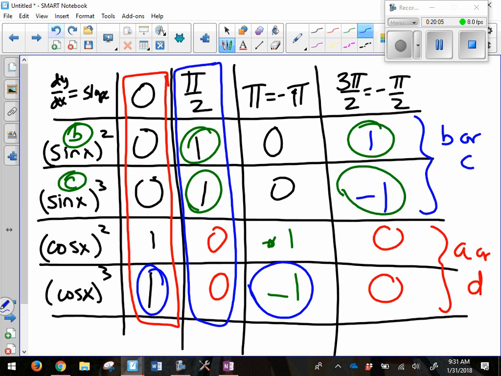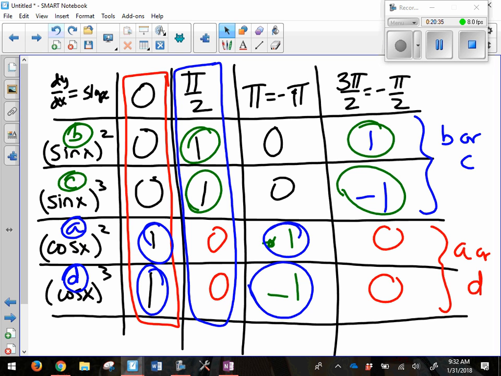And which one has the slope changing? Sarah, that's what you said, that A had the slope not changing, right? Oh, okay. Well, A has the slope that doesn't change, and that's what's going to happen with the cosine squared, which means that cosine x quantity cubed is going to be D.